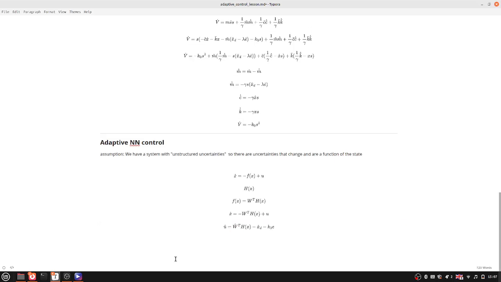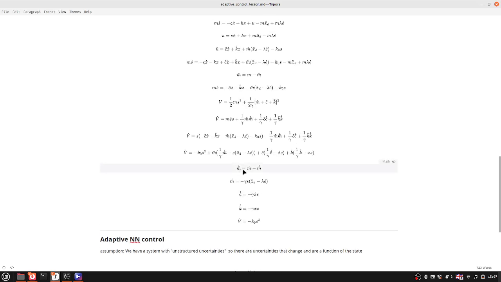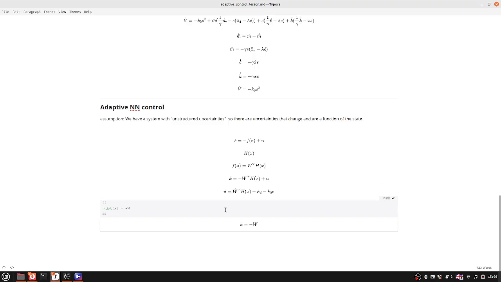Cool. Substitute that controller back in and we will get x dot is equal to the same thing as the previous two parts. We define m tilde here as m minus m hat in the same way that we define w tilde as w minus w hat.